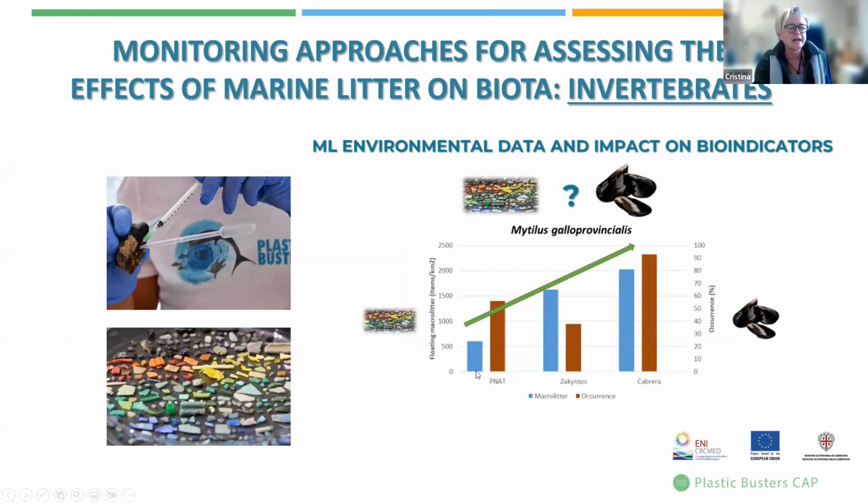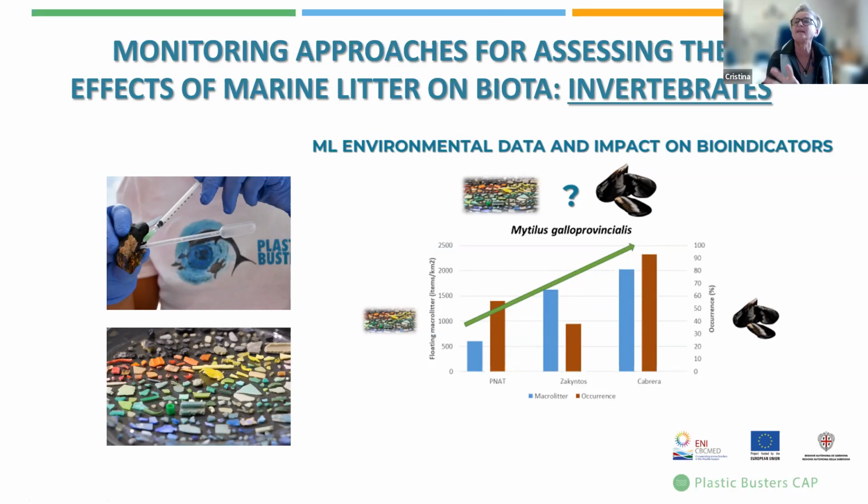And here it is clear that as the concentration of marine litter in the environment increases, we have an increasing concentration of microplastic in the marine organism. So that confirms the validity of a bioindicator species such as Mytilus galloprovincialis at a small scale.